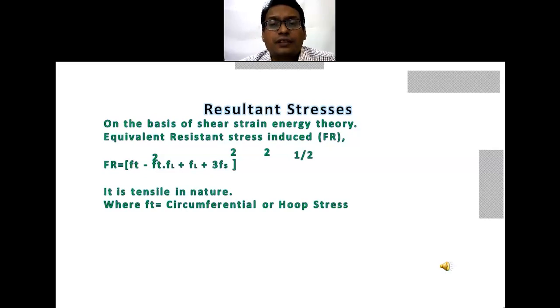So Fr, the resultant stress, equals the square root of Ft squared minus Ft into Fl, where Fl is your longitudinal stress, plus Fl squared plus 3 Fs squared, the whole raised to 1 by 2.